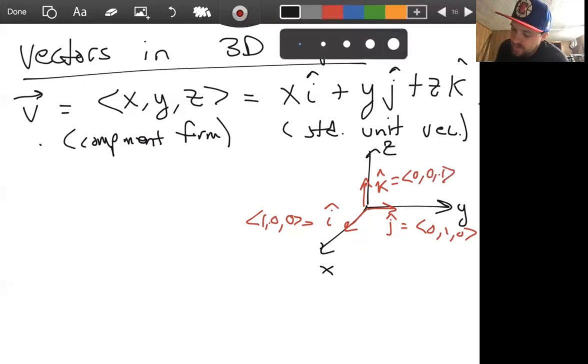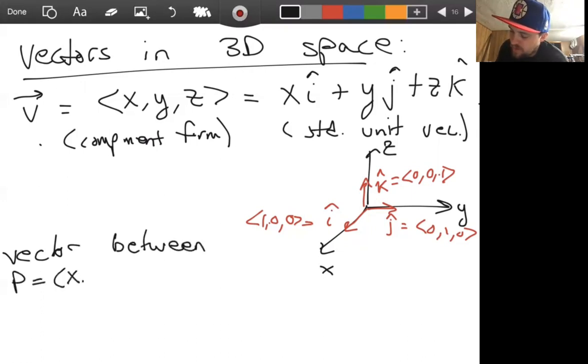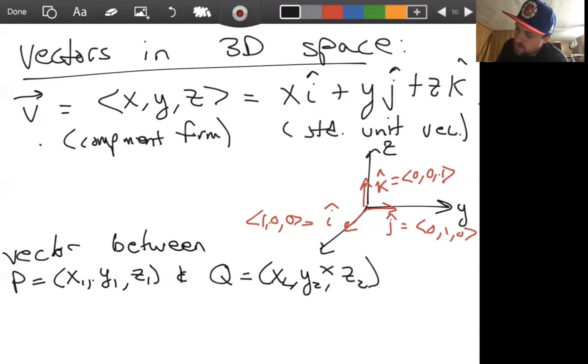What else do we know about vectors? We know the vector between two points. So if we have the vector between P, which is the point (x1, y1, z1), and Q, which is the point (x2, y2, z2), right?